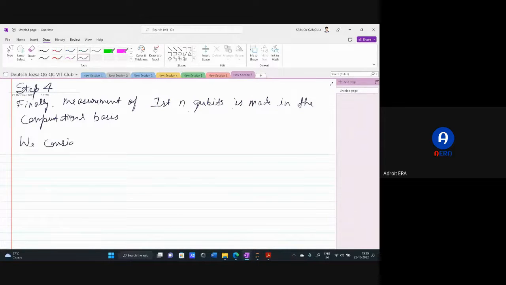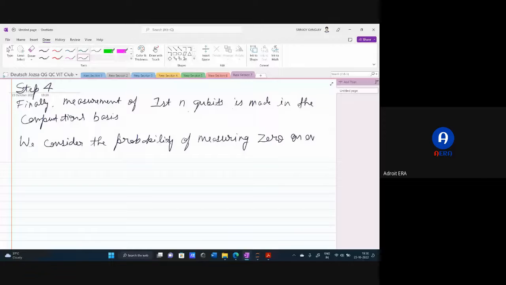We consider the probability of measuring zero on every qubit, which corresponds to the term in the superposition where ket z is 0 tensor n. We are only going to involve ourselves with whether all zeros is coming or not.